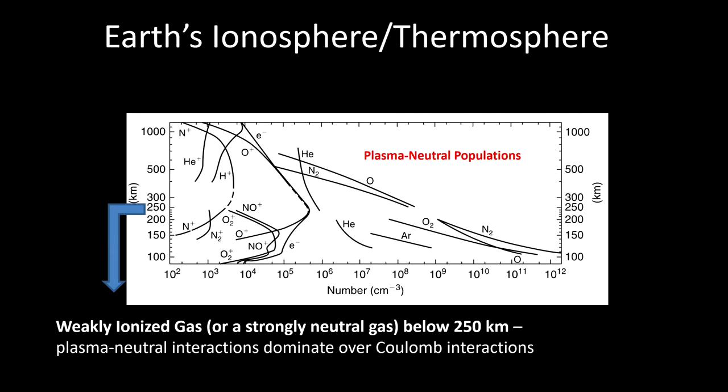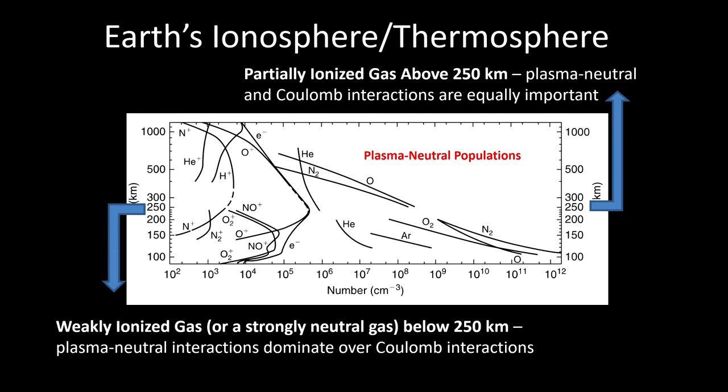And that's usually defined by plasma physicists. But if you're a hydrodynamicist, you might say this is a strongly neutral gas. And this is where hydrodynamics and electrodynamics or plasma physics combine. And it's an interesting domain, not only by the physics, but also by the people that you interact with in trying to describe this region. Because people come from different perspectives, and I'll talk more about that throughout this talk, actually.